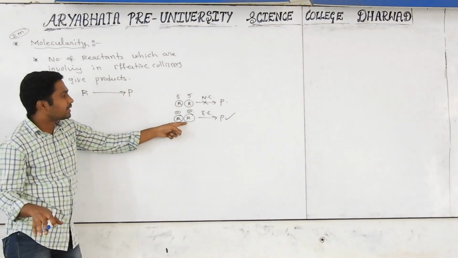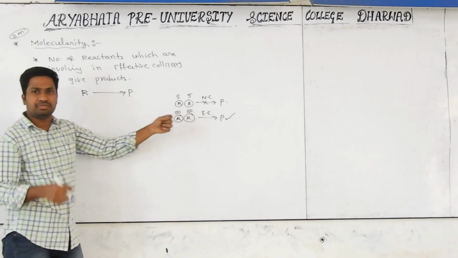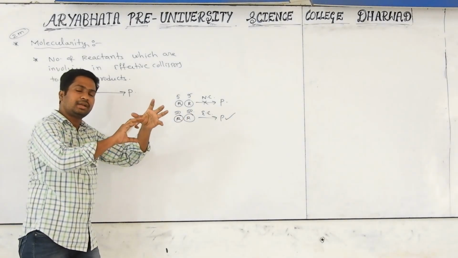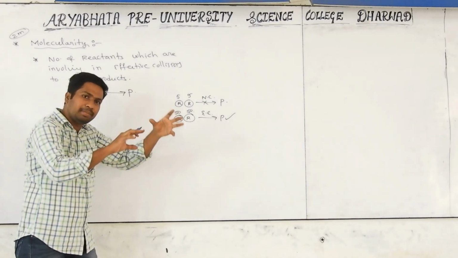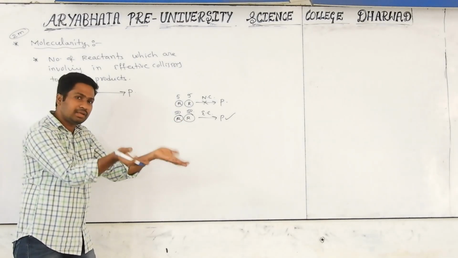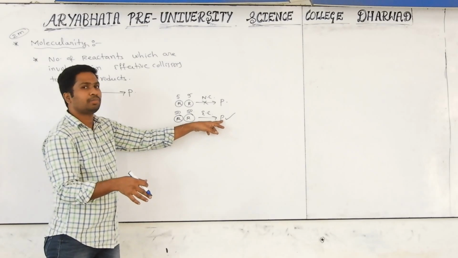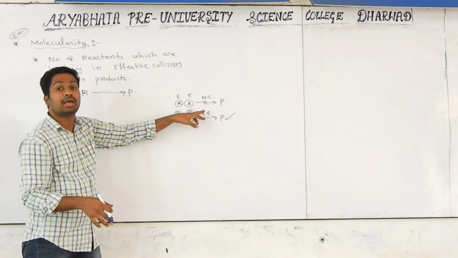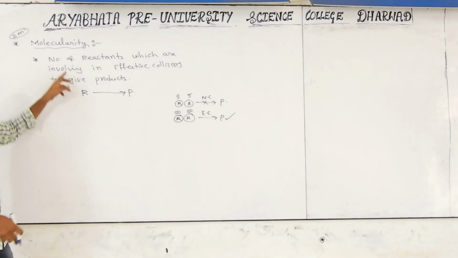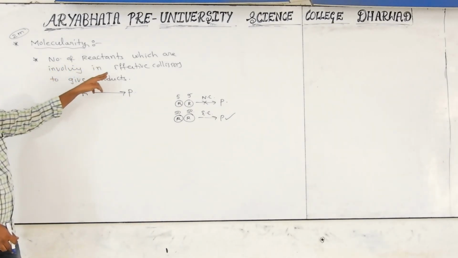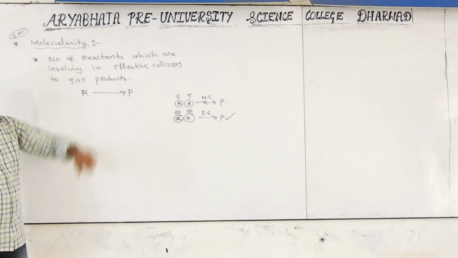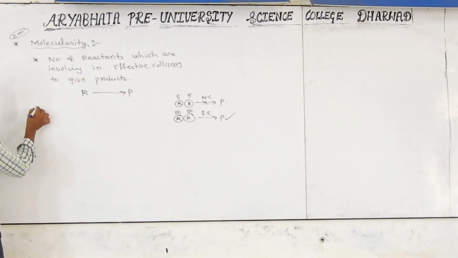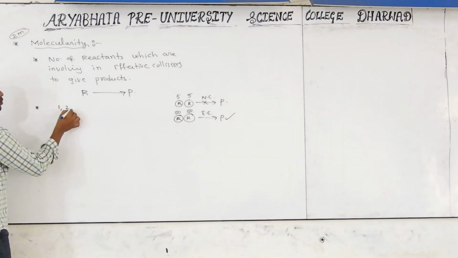But here, the reactants have more kinetic energy, meaning more speed. Whenever they approach together with high speed, the reacting molecules definitely break into atoms. Then they recombine and convert into products. Whenever such collisions happen, we call them effective collisions. That's why I am telling you, the number of reactants which are involved in effective collisions to give the products is called molecularity. Molecularity may be 1, 2 and 3.